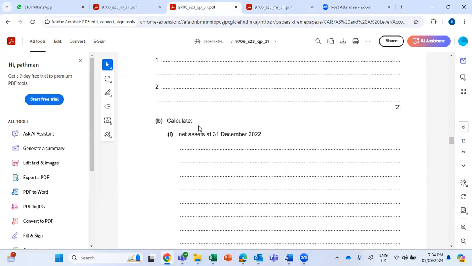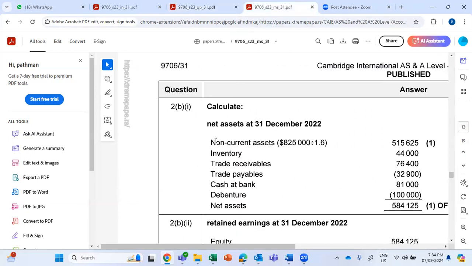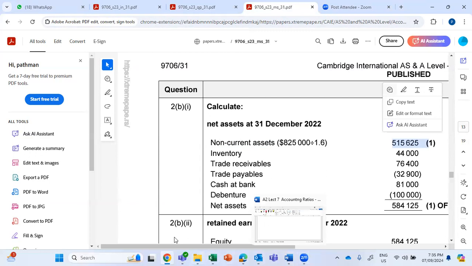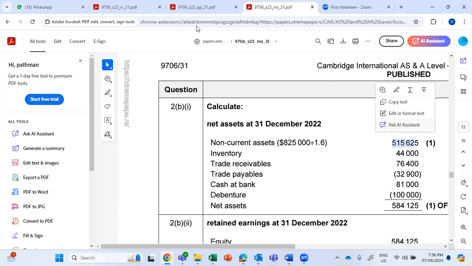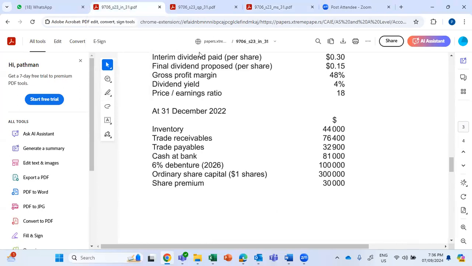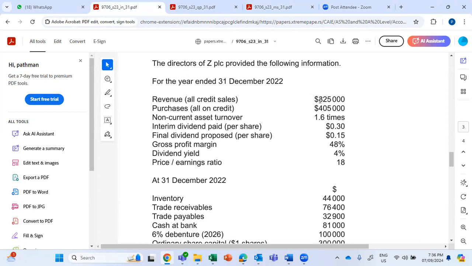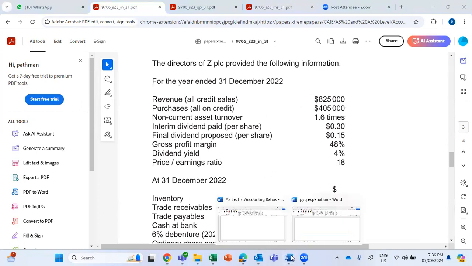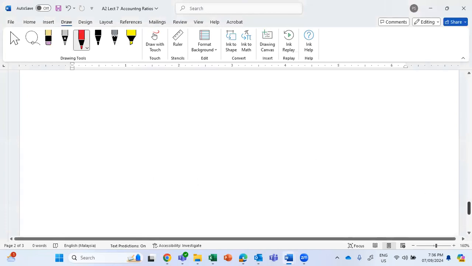Calculate the net assets. All right, so net assets means total assets minus total liabilities, right? As in equity, right? So the net asset would be non-current asset. Okay, how do we get 515625? It's because here, using the non-current asset turnover ratio.